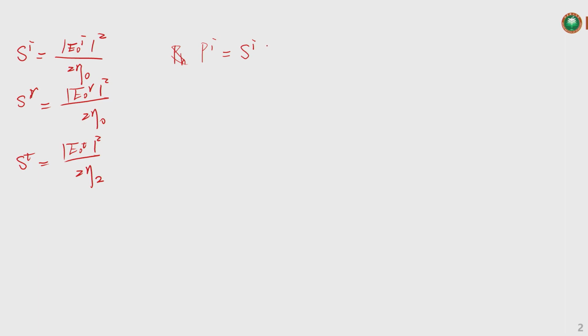If both are along the same direction, it's just the product of both scalar values. For the reflected, same thing, and for the transmitted, similar.